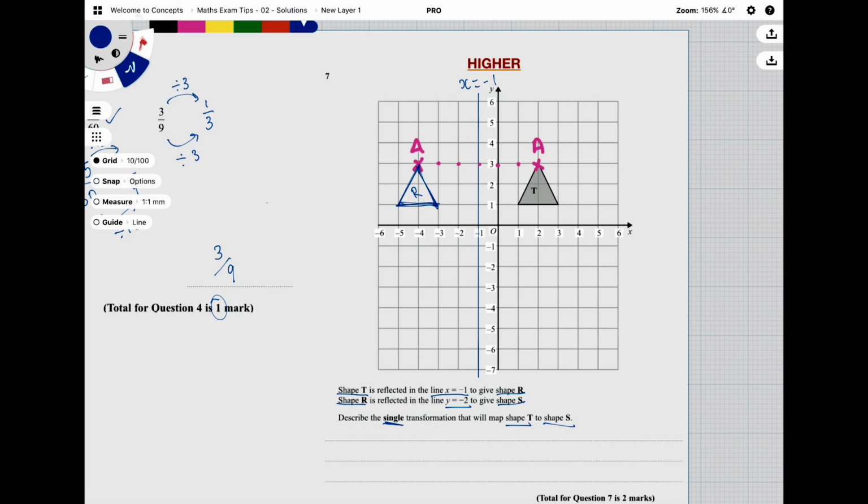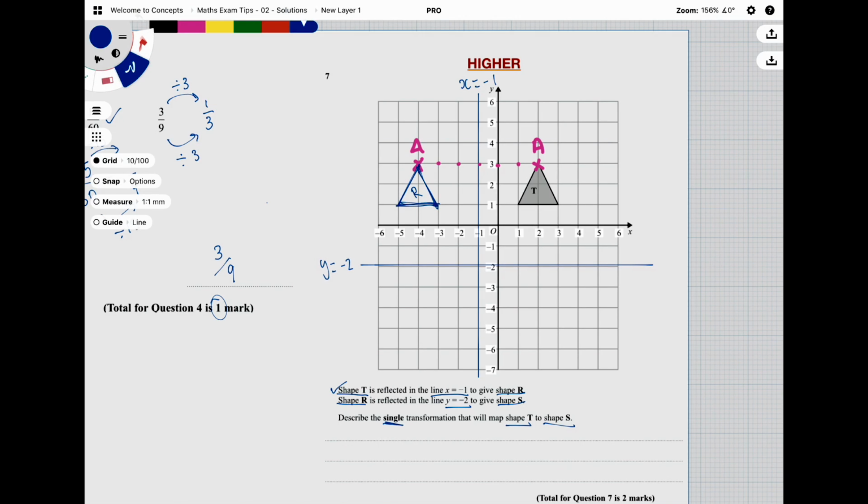Next, shape R is reflected in the line y equals -2. Again, let's get my digital ruler and put it on y equals -2. Perfect. If I draw my line and get rid of my ruler, that is now y equals -2. Again, I'm not going to show you how to reflect.